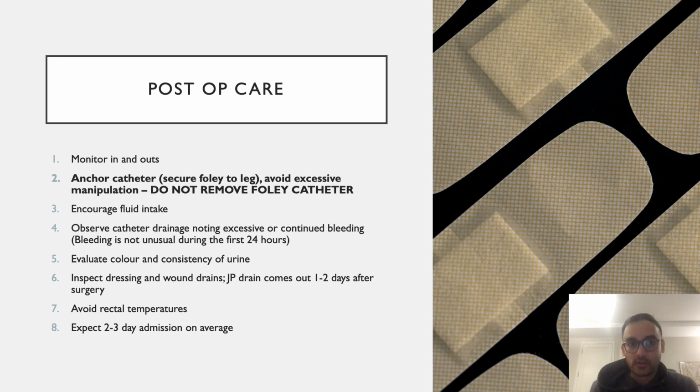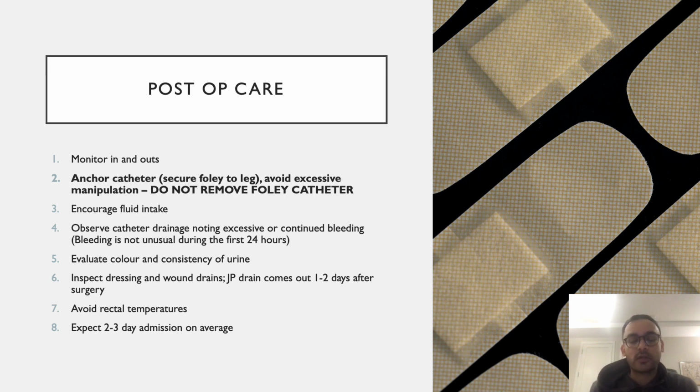As mentioned earlier, the anastomosis, the connection between the bladder and the urethra, heals over the catheter. So do not remove the catheter without letting me or the primary surgeon know first. The catheter can be flushed, that's not a problem, but we should not be removing it before consulting the primary surgeon first. They usually go home with the catheter.